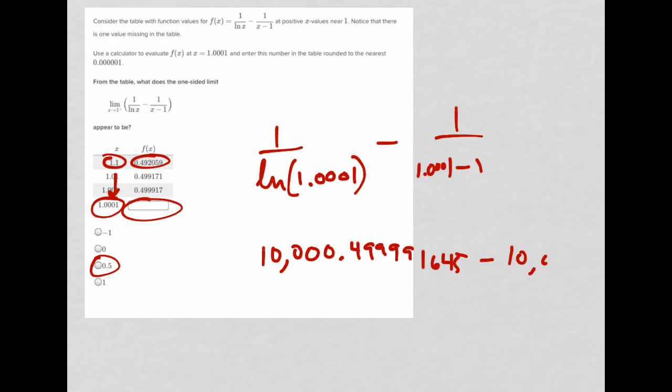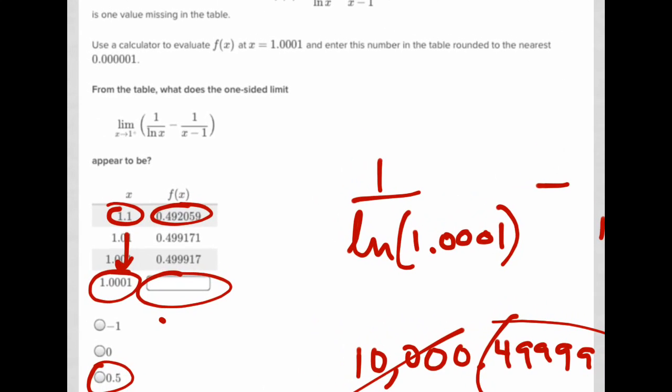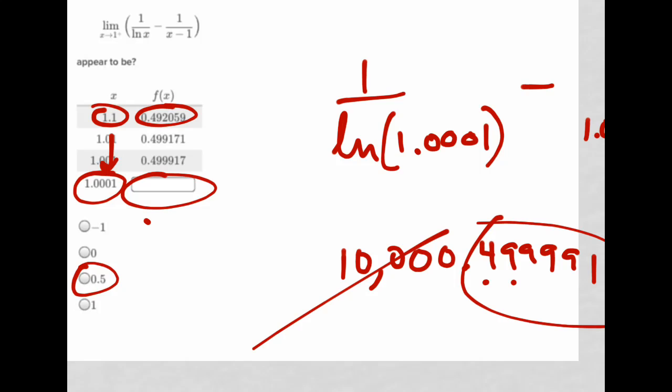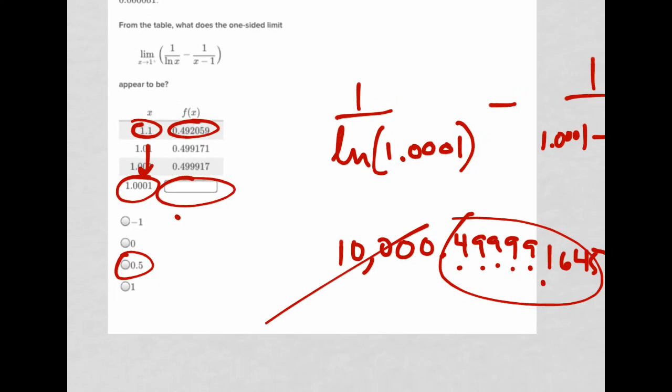That part gives me 10,000. So really, it's 10,000 and change minus 10,000. That just gets rid of that stuff. And it says to round to 6 decimal places: 1, 2, 3, 4, 5, 6.